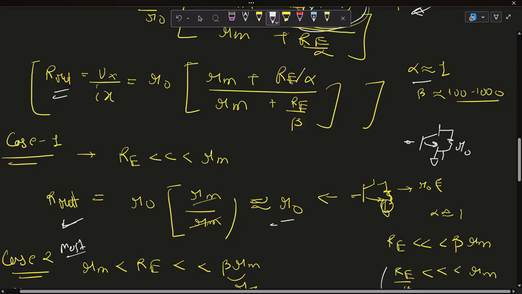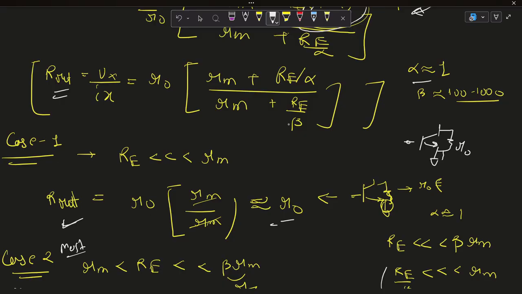As beta is from 100 to 1000, this Re by beta is 100 times lesser than Re, but it is still much greater than Rm. Are you getting my point? This is a small quantity, this is a large quantity, this is small, this is also large, but this is smaller than Re by alpha, since alpha is 1, but beta is 100 to 1000.